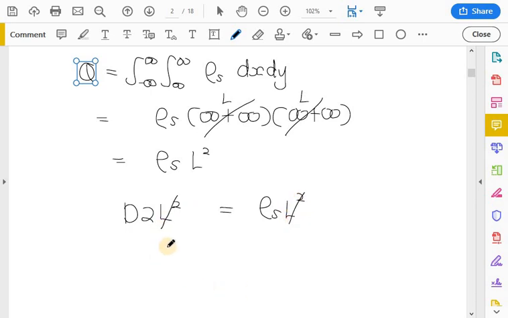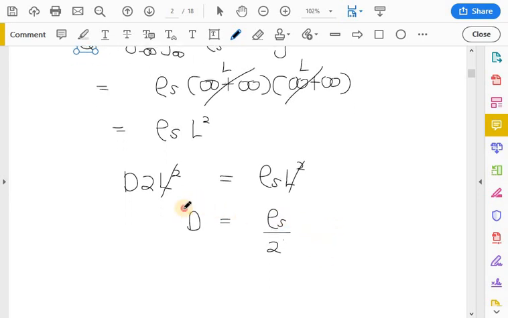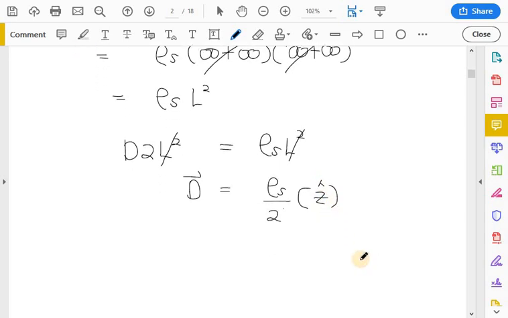So this will be D equals rho s over 2. And the direction can be positive or negative, right? It depends on the place where you want to determine its electric field. In the slide, they put it as a unit vector n, but for this case we can put it as a unit vector z, for our planar sheet.